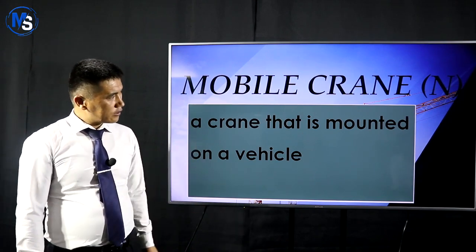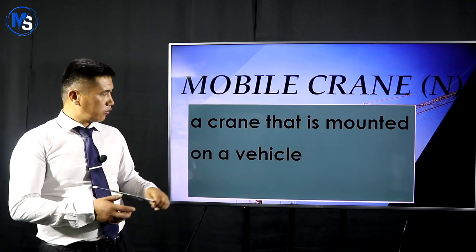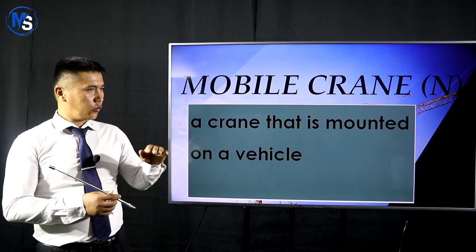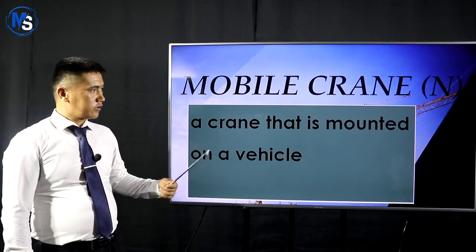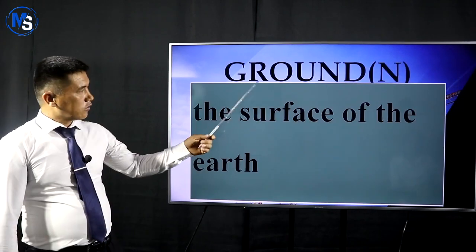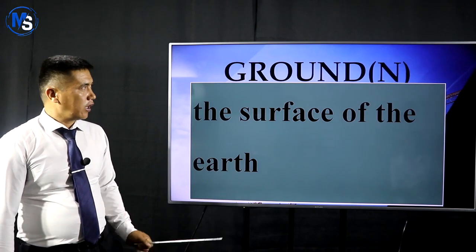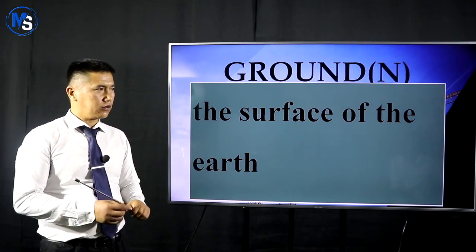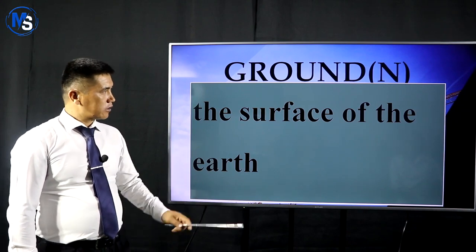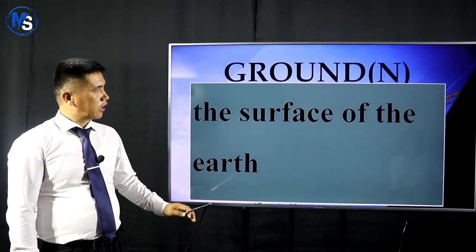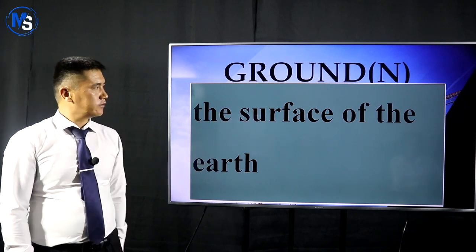This is a crane that is mounted on a vehicle or big trucks where the crane is operated for the construction industry. Ground, the surface of the earth, where the crane, boom and other instruments are fixed, so this word is important for our lesson.